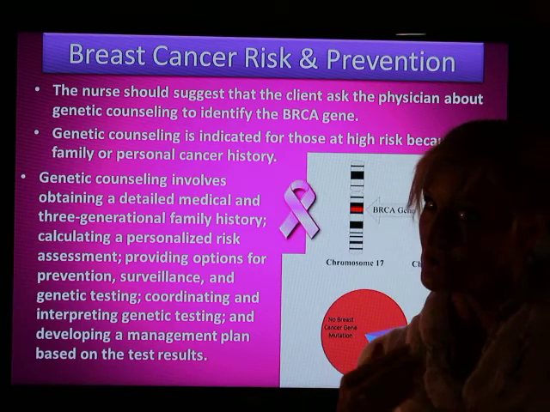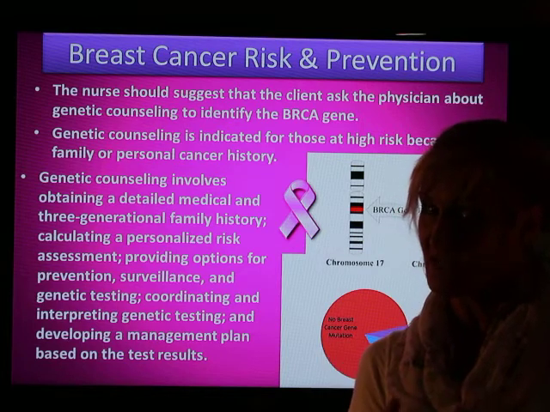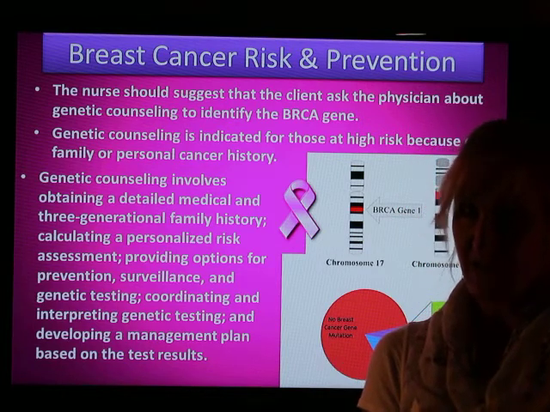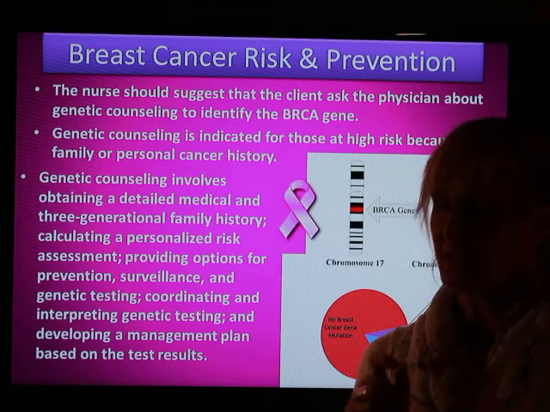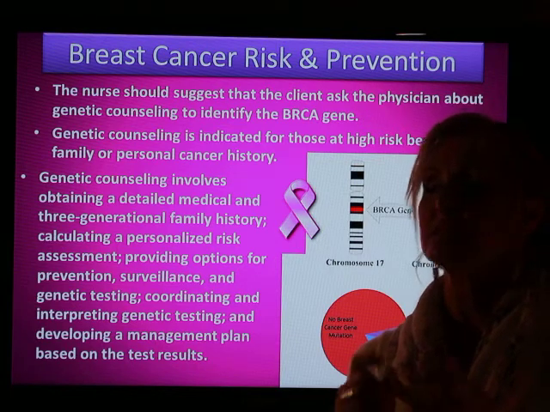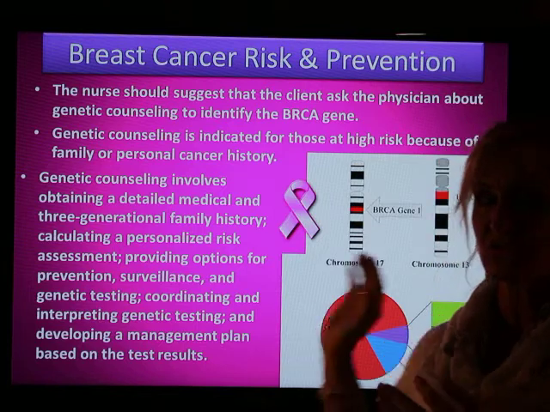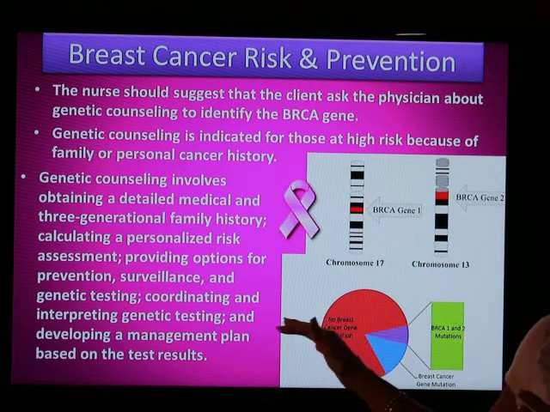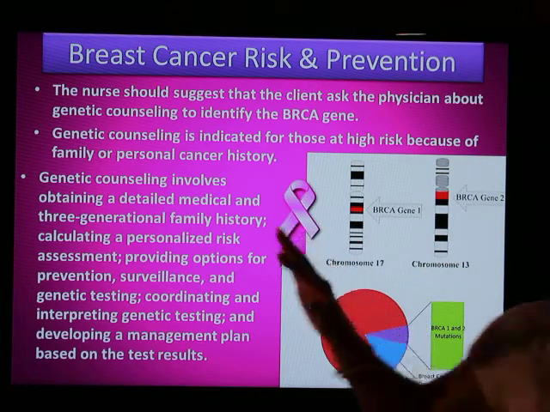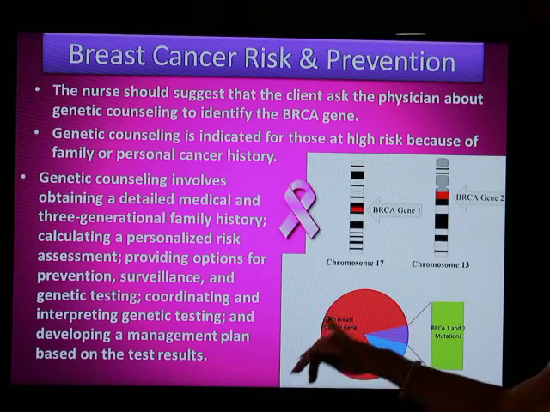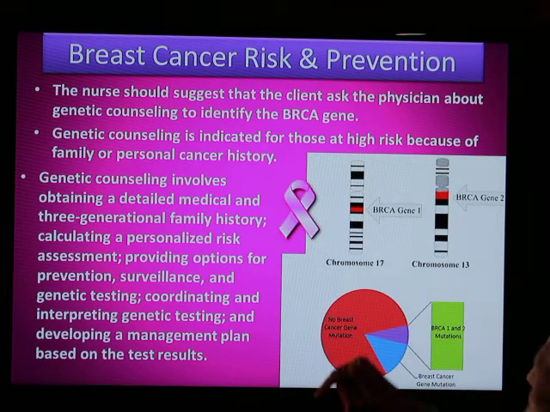These are the women that show up in their 30s, 40s with a breast cancer, and that kind of cancer is very aggressive, and it needs to be identified early and treated very early, but the chances of surviving that kind of breast cancer is significantly less than if there is not a genetic mutation to it.